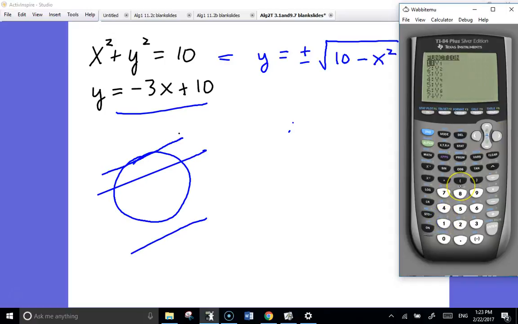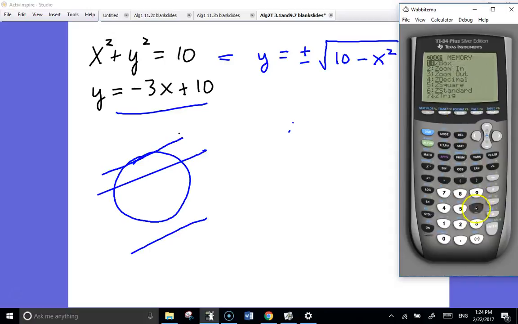When I hit that, and now we're on y1, so I hit 1. So on the second line now, it just says negative y1. I don't have to retype the whole thing. I just put in negative whatever's on line 1. Again, that's vars, y vars, 1. Okay, and then I still have to put in my straight line on the next one, 3x plus 10.